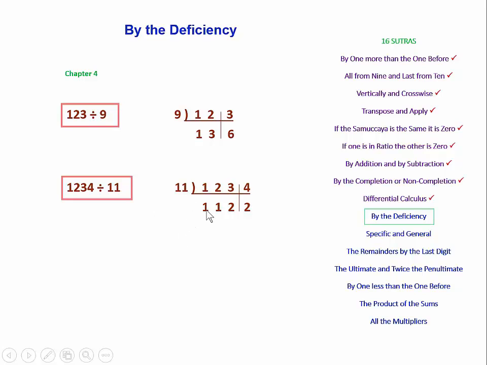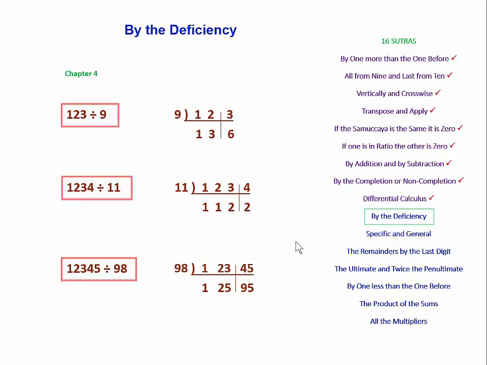We bring down the first one, and then we take that 1 from 2 to get 1, we take that 1 from 3 to get 2, we take that 2 from 4 to get 2. And we can also extend this a bit further. Here we've got 98 as a divisor, so the deficiency is 2, because 98 is close to 100. We can work in pairs of figures.